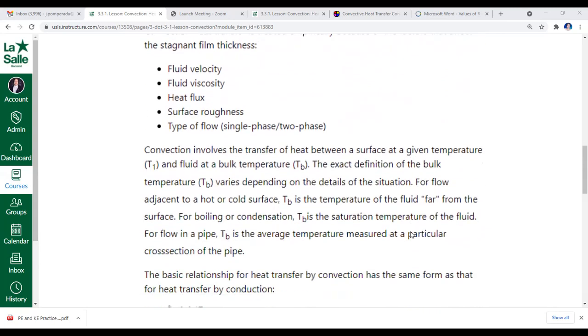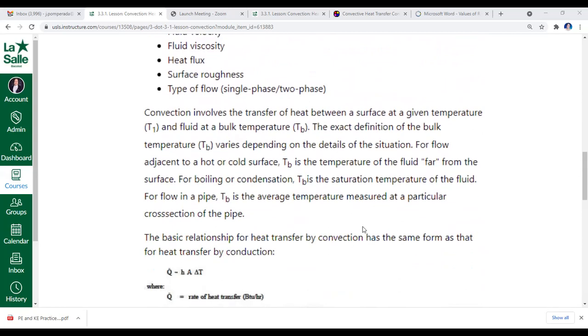Now, convection involves the transfer of heat between a surface at a given temperature T sub 1 and the fluid at a bulk temperature T sub B. So the surface temperature is labeled as T sub 1, and that of our fluid has the subscript B, referring to the bulk temperature. The exact definition of the bulk temperature varies depending on the details of the situation.